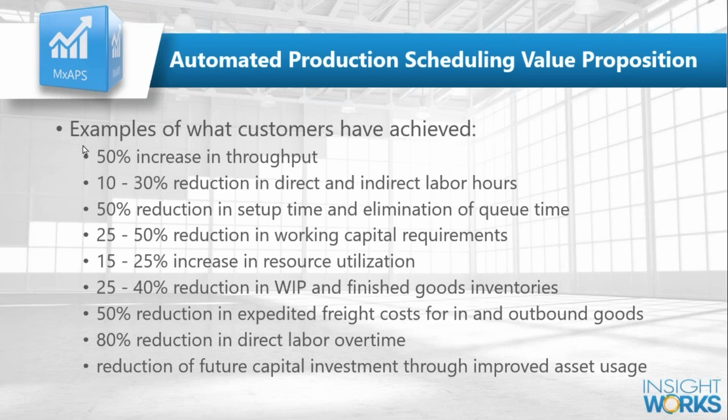And really what you're going to get is better throughput, right? I didn't mention local optimization, but that is something that you see go away when you use something like MX, because it's going to give you a very detailed schedule, and it prevents people from going off on their own and working on things that they shouldn't be working on.